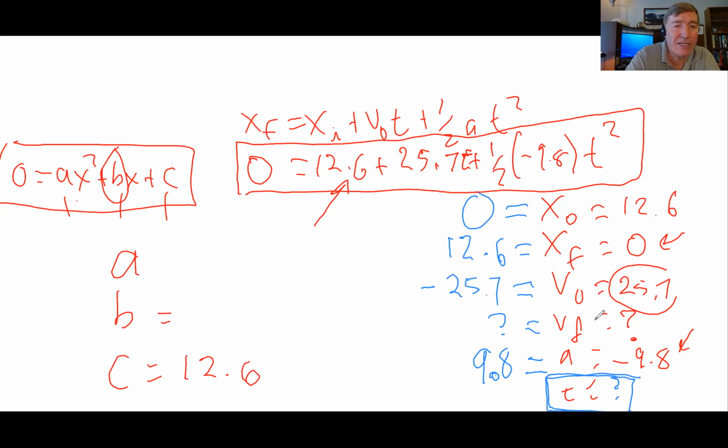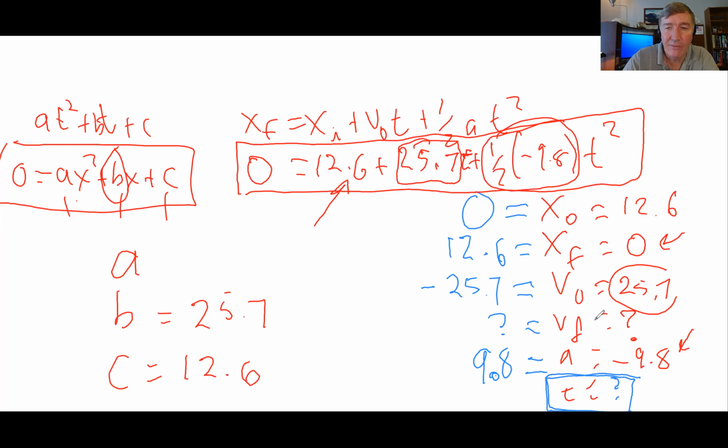For us, it's going to be A times T squared plus B times T plus C. So for us, that number right there is our B value, 25.7. And A is 1/2 times negative 9.8, so that's negative 4.9. So there's our A, B, and C.